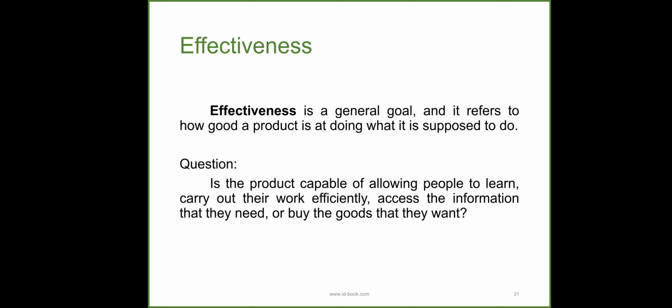Okay, so we have a question here: is the product capable of allowing people to learn, carry out their work efficiently, access the information that they need, or buy the goods that they want? So mo na siya question to really address, and the answer of this question will really address the effectiveness of a certain product.